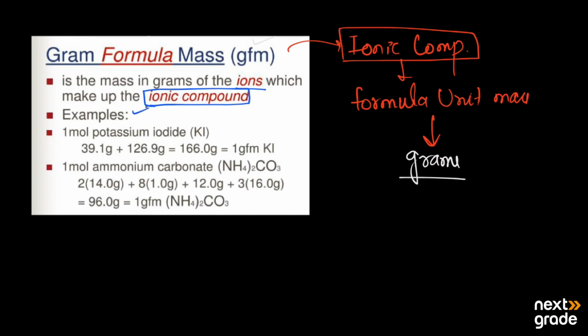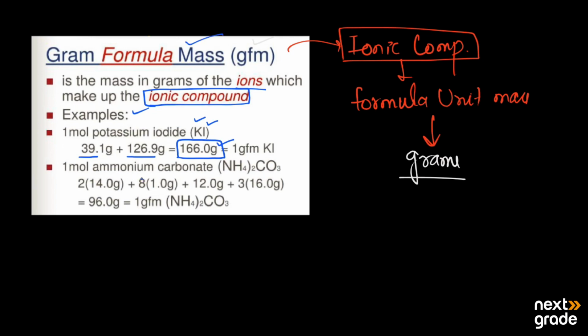The example for this: we have 1 mole of potassium iodide. It has potassium and iodine. The mass of the potassium is 39.1 gram and iodine is 126.9 grams. In total, its formula unit mass is 166.0, and when it is expressed in grams, it is known as gram formula mass.